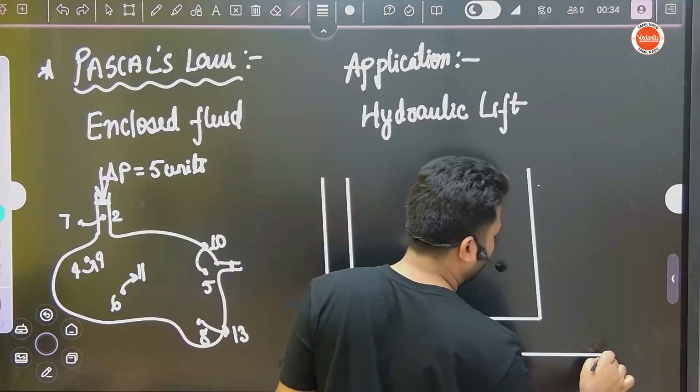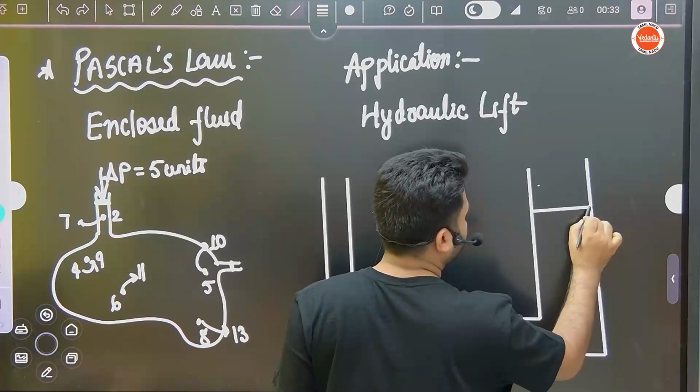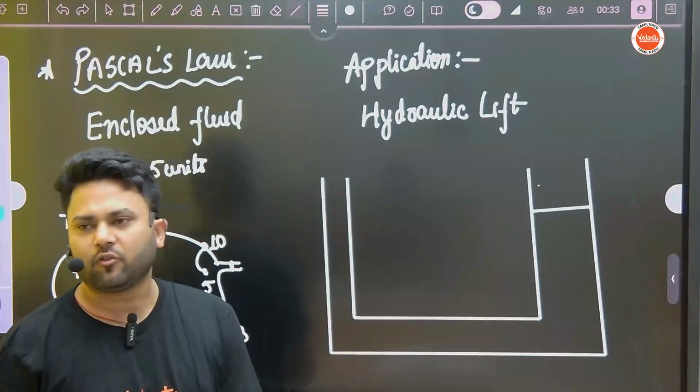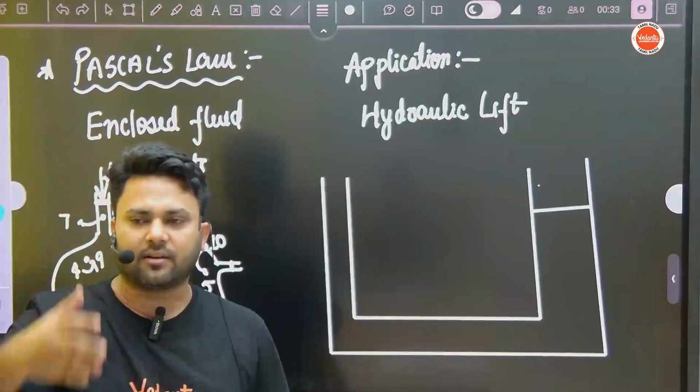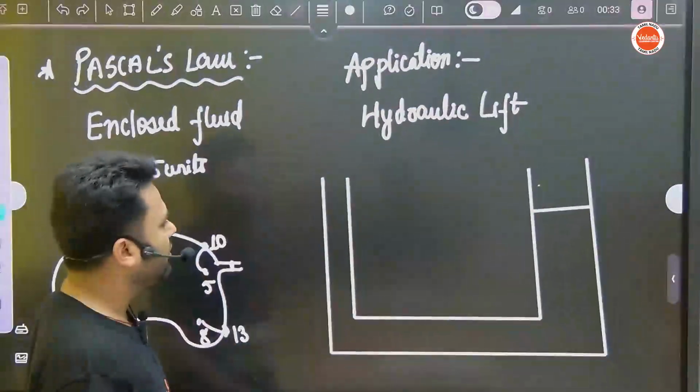So what is a hydraulic lift? We want to lift a car. We give our car for washing, and they lift the car. The car is very heavy. We use this Pascal's law to lift the car.